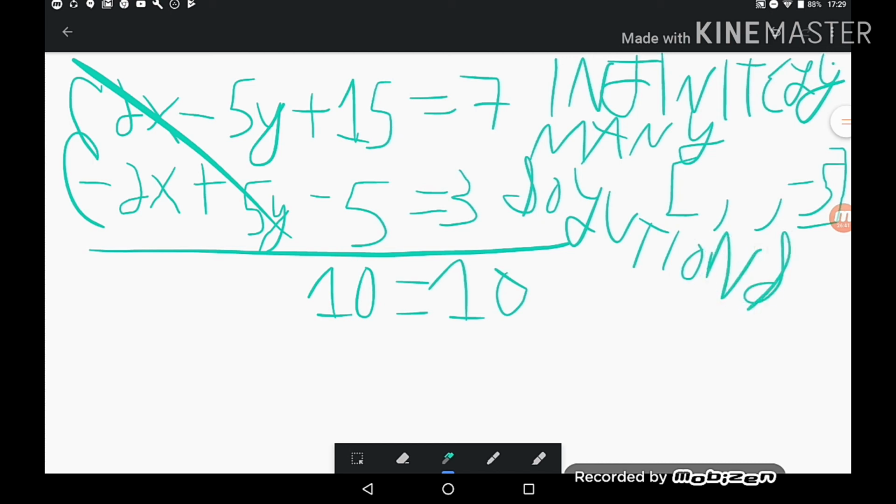What this means is whenever you have, for example, 10 equals 10, 1 equals 1, anything like that, you result in infinitely many solutions. So we found z, it was negative 5, but when we kept going, because we had to input that middle equation in, we found out that our x's and y's were gone as well, and we were left with the same thing, 10 equals 10. Whenever something like that happens, you have infinitely many solutions.